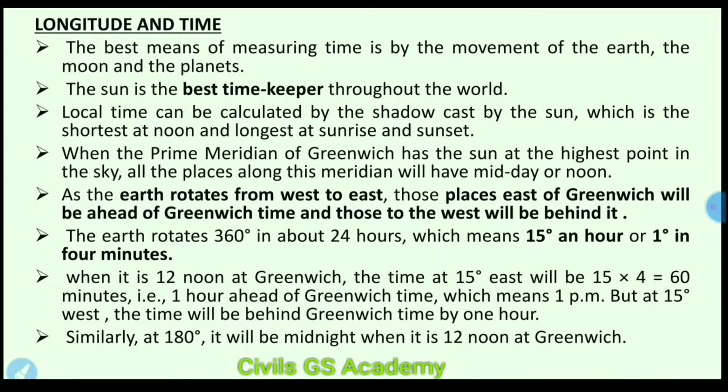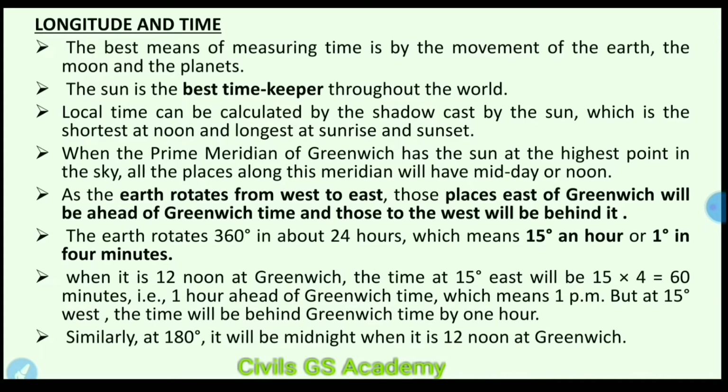So what is the direction of rotation of the earth? From west to east. Those places east of Greenwich will be ahead of Greenwich time, and those to the west will be behind it. Why? Because the sun always rises in the east and sets in the west.